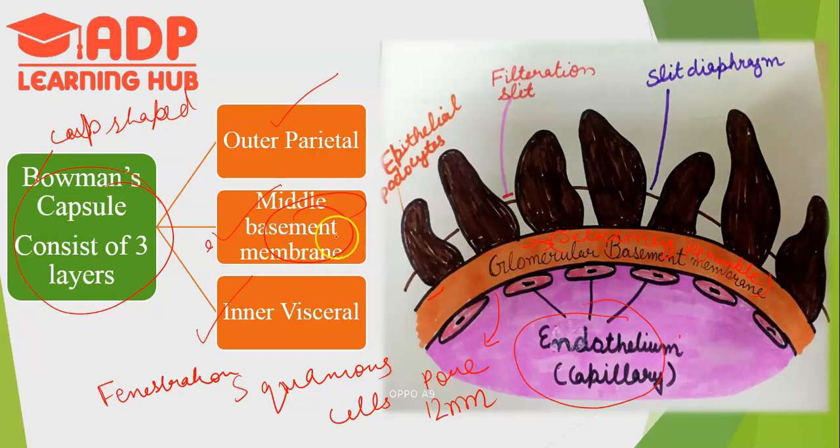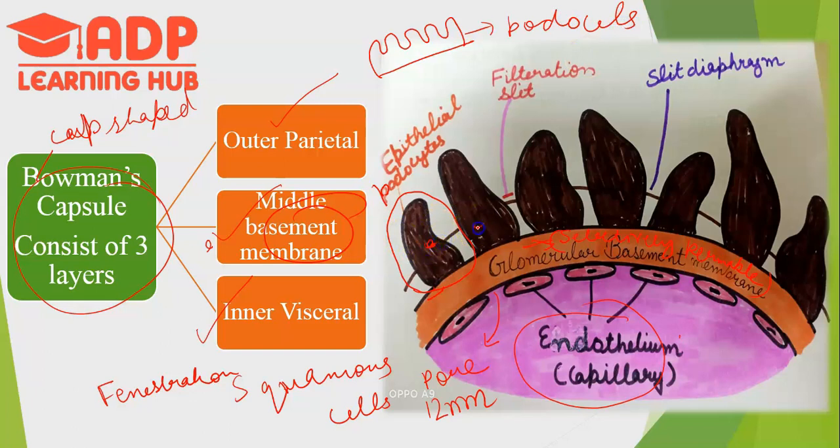And after the membrane we have the inner visceral layer, which consists of large nucleated cells known as podocytes, and these podocytes have finger-like projections on them.